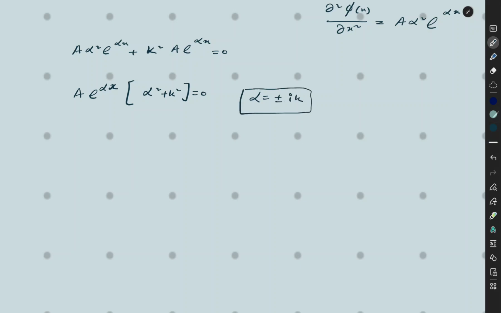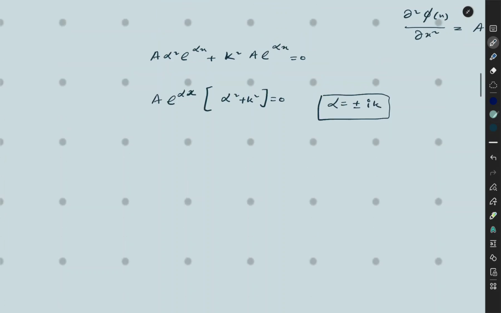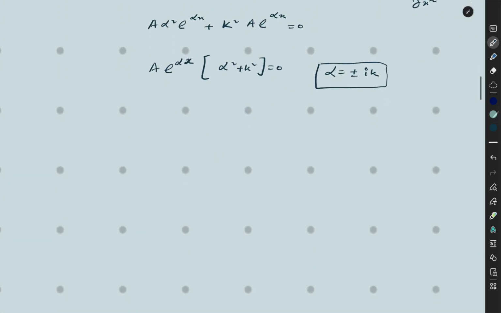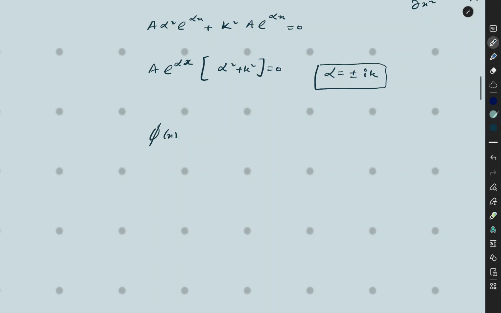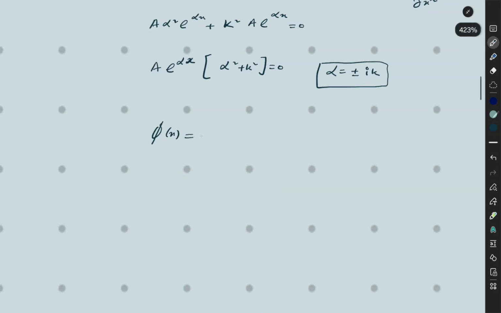Now put it in our equation, in the wave equation. Let us consider one solution, phi of 1 of x equal to A1 e to the power of iota k x, and another wave function we will get, phi of 2, that is A2 e to the power of minus iota k x.